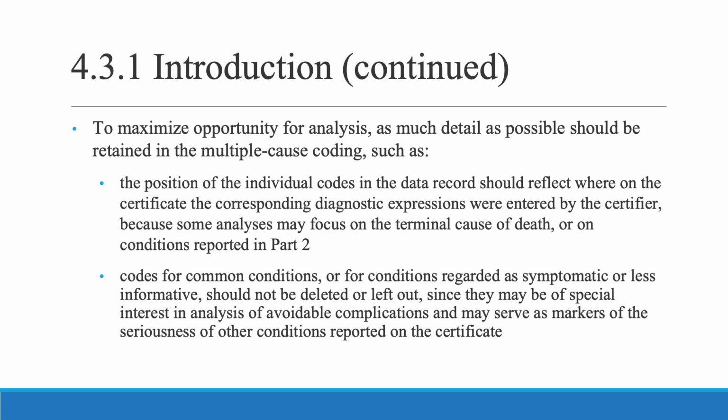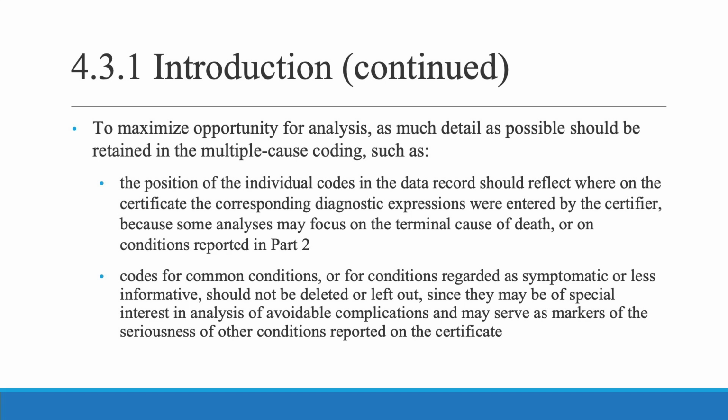And looking at the second bullet on this slide, codes for common conditions or for conditions regarded as symptomatic or less informative should not be deleted or left out, since they may be of special interest in analysis of avoidable complications and may serve as markers of the seriousness of other conditions reported on the certificate.